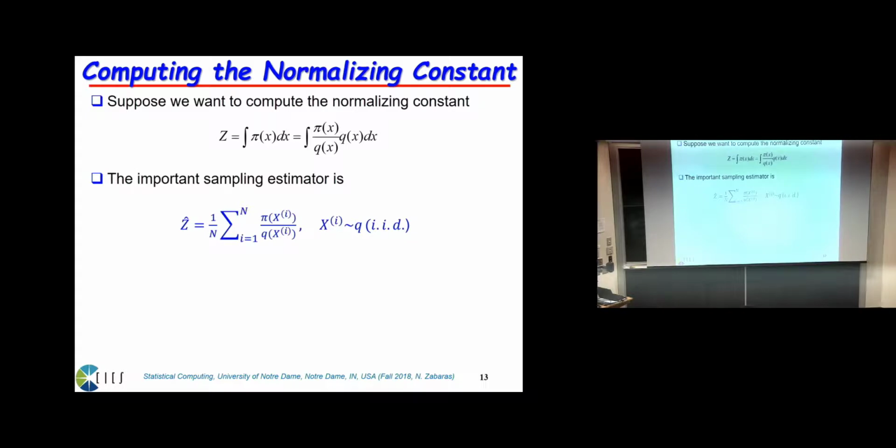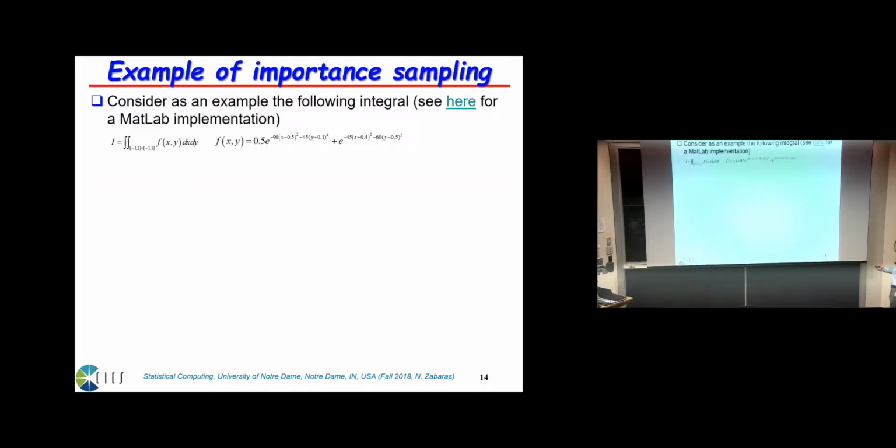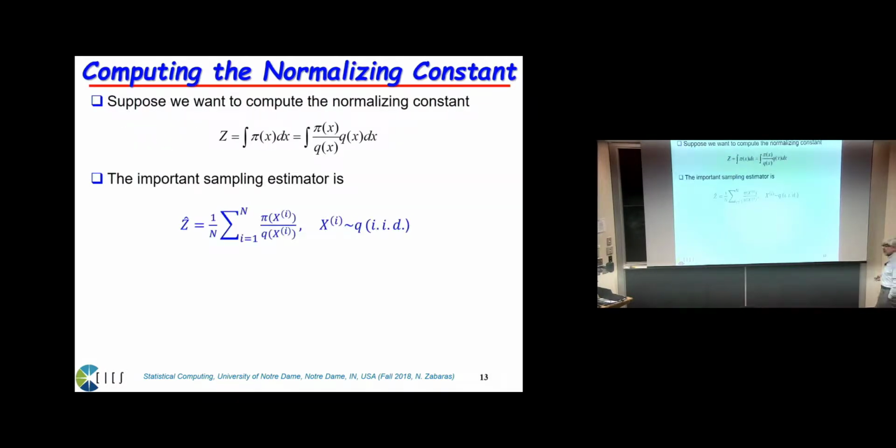Can you actually compute the normalization constant of the distribution pi with importance sampling? The answer is absolutely yes. If you divide and multiply by Q, then you have the expectation with respect to Q of pi over Q. So really, the normalization factor, this is an amazing result, by the way. If you are going to do any research and you take samples and want to calculate the normalization factor, you'll be surprised.